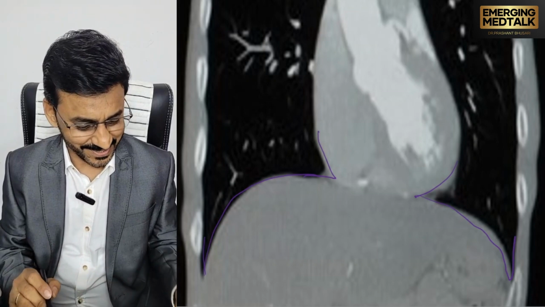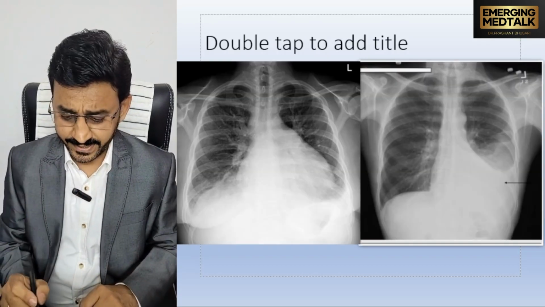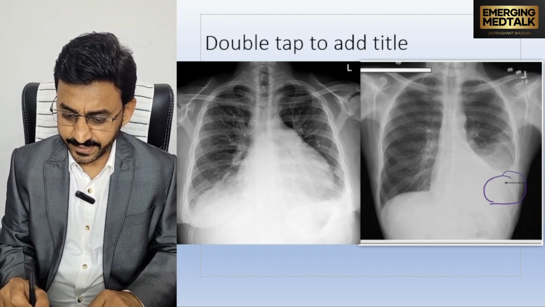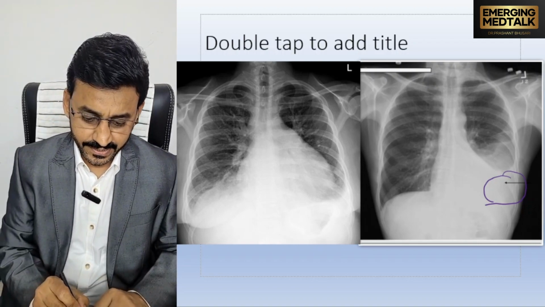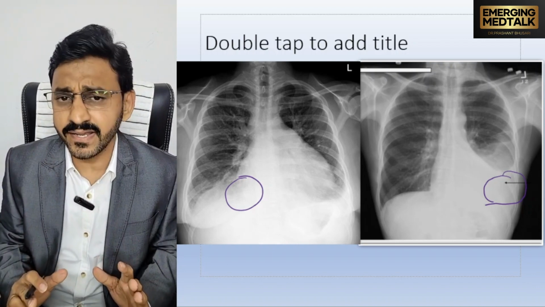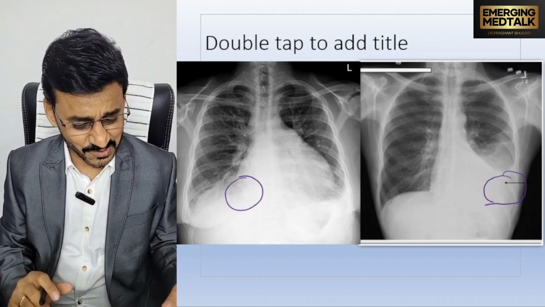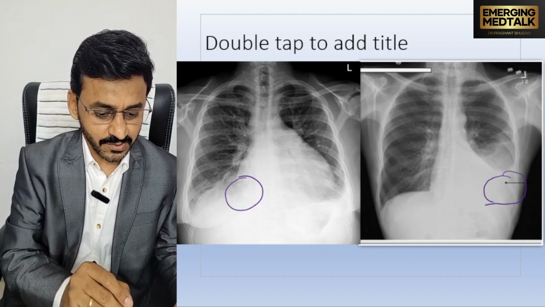So very simplified, and these angles can be obliterated. Here the angle on this left side is obliterated in the condition called pleural effusion, and here also we can see there is no cardiophrenic angle seen properly. This may be due to pericardial effusion. So this is why we are continuously discussing the normal anatomy.